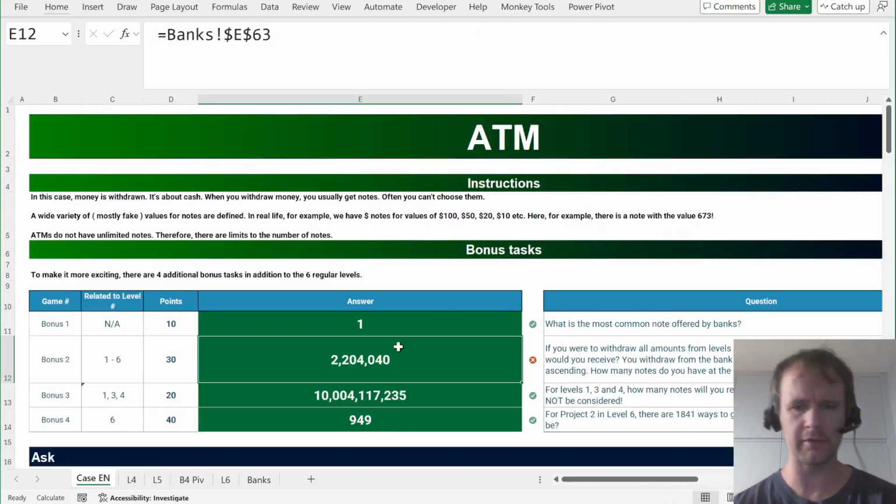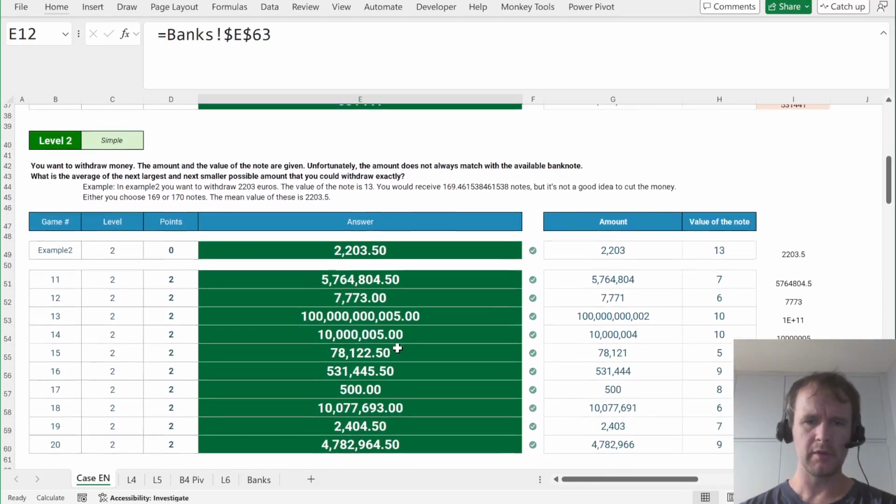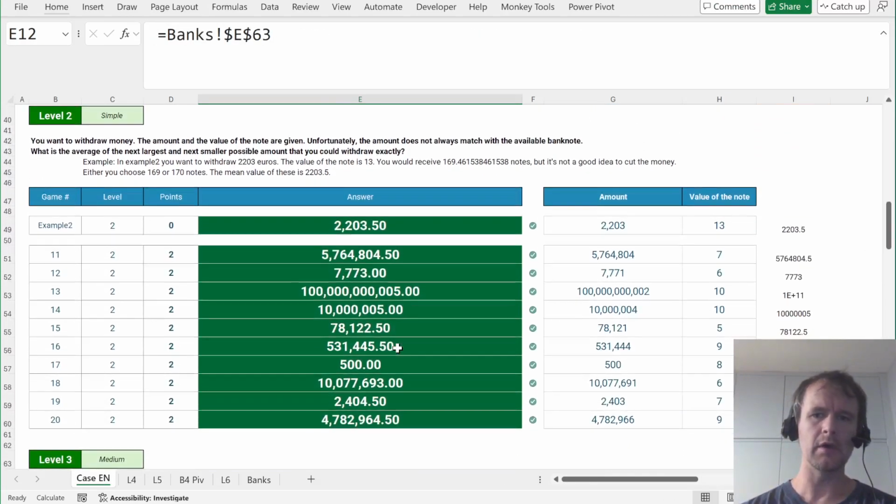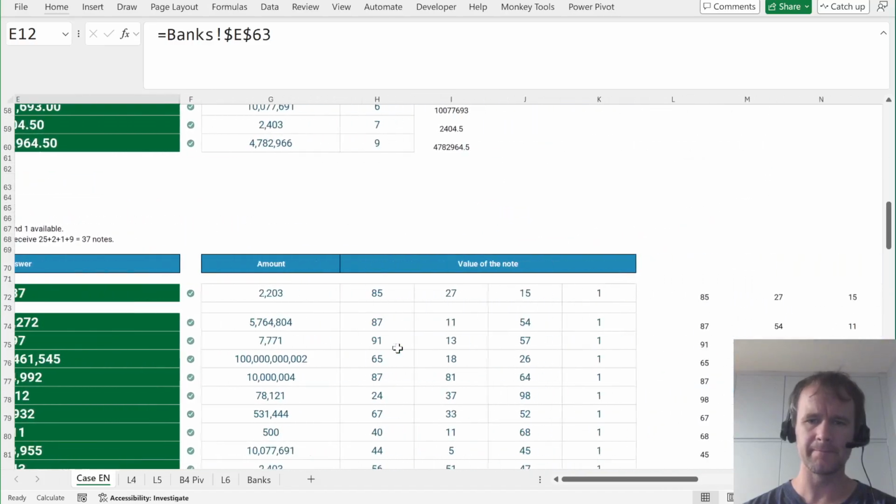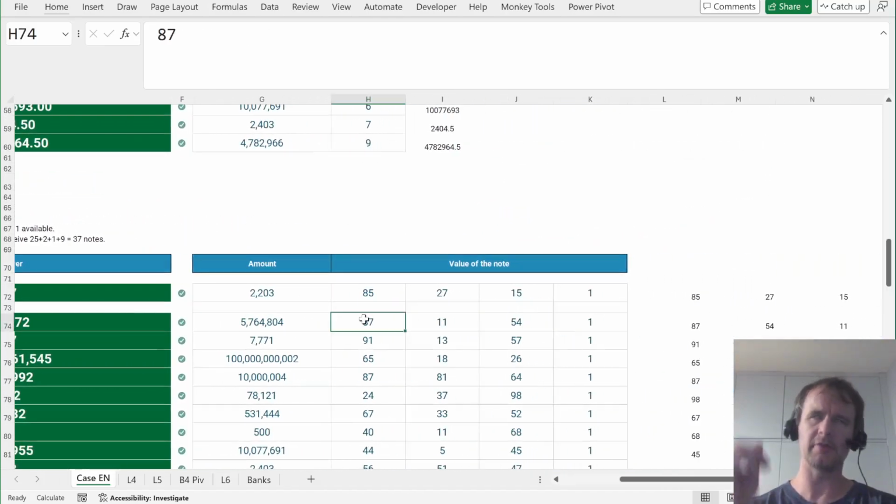What I do want to come back to, though, just because it is bugging me, is this. I have this idea in my head that the greedy algorithm is not always the right approach. I'm trying to think of an example.